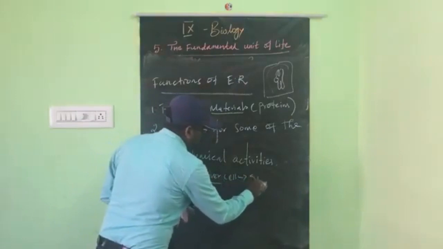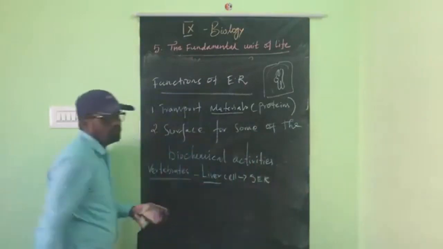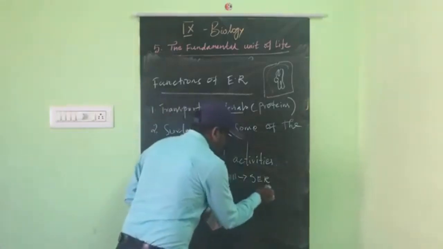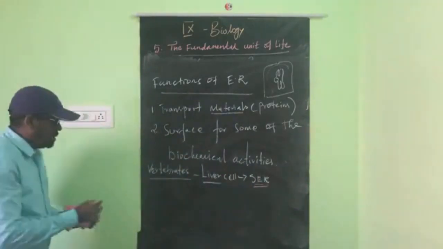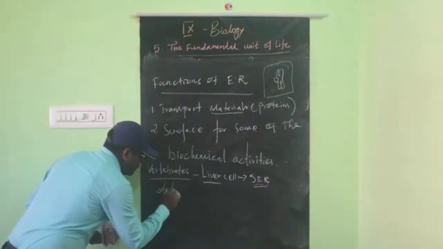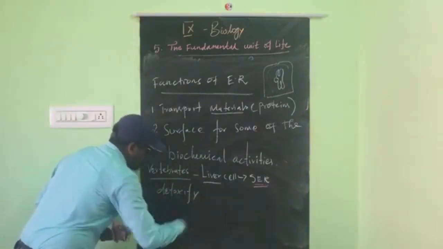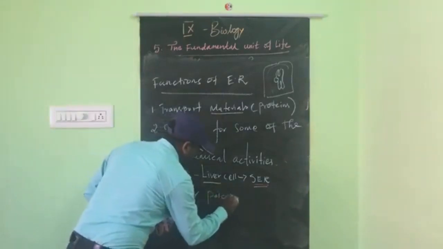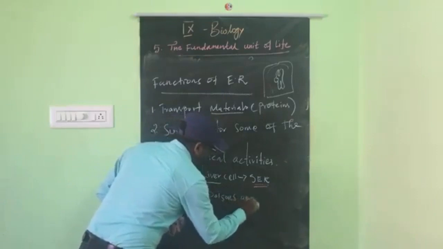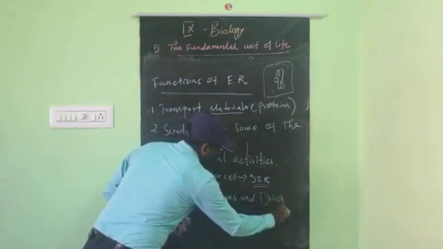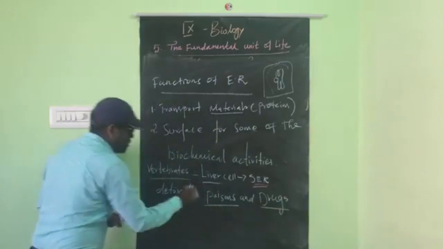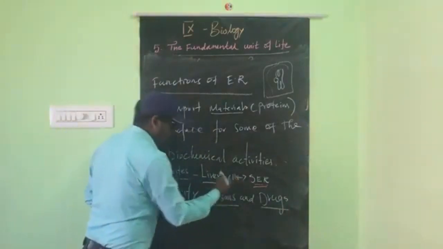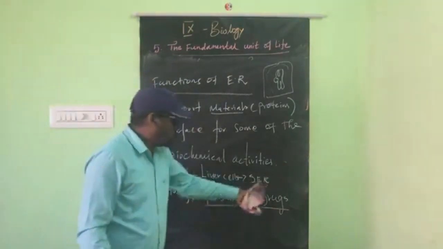So in vertebrate liver cells, the smooth endoplasmic reticulum is very important. The smooth endoplasmic reticulum detoxifies poisons and drugs. Very important one.